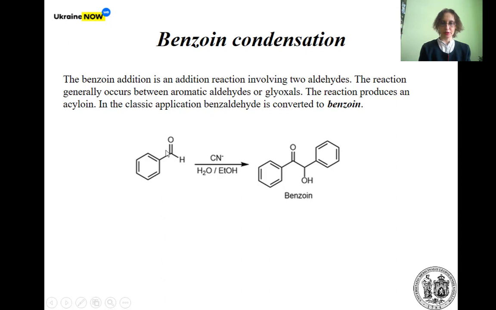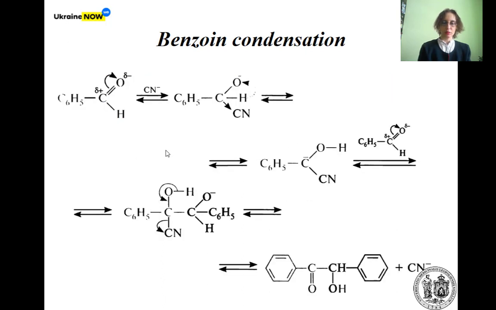What is formed during this reaction? First stage, this addition of cyanide with formation of an anion. Then this anion is able to have a resonance structure with negative charge at carbon. This hydrogen is transferred to oxygen, and here is negative charge at carbon.